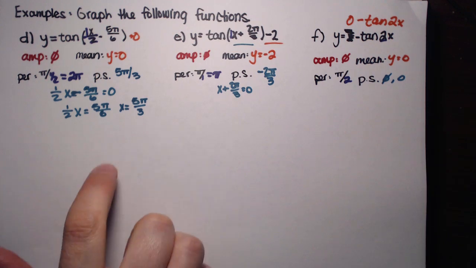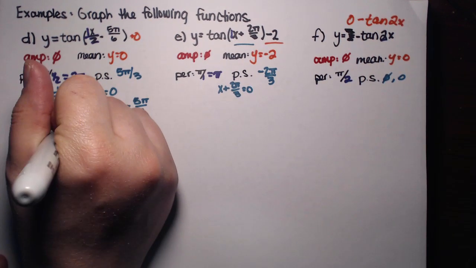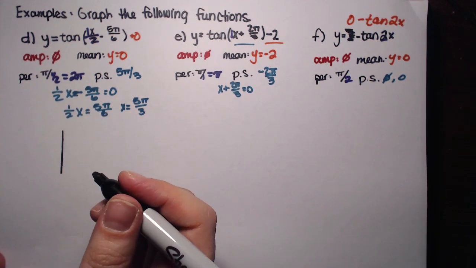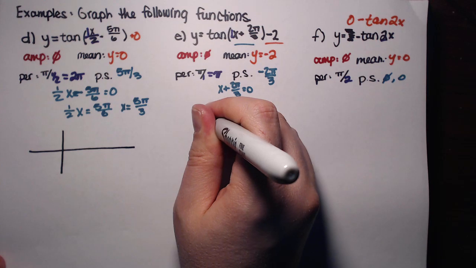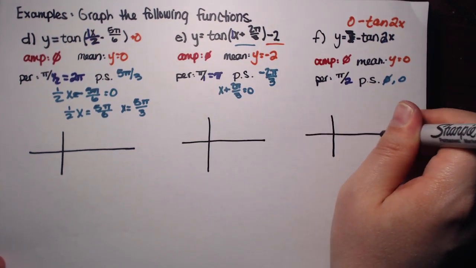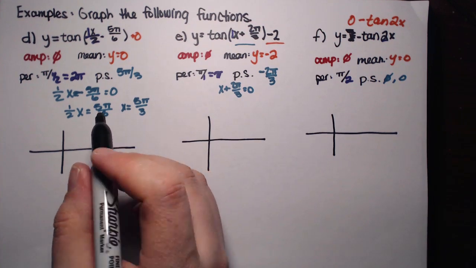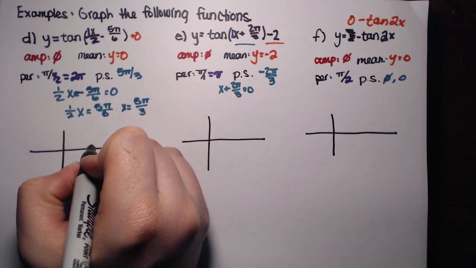Okay, so this one's going to be a little rough because there's a lot going on. The period's 2 pi, so I want to make sure that I'm getting that in there.